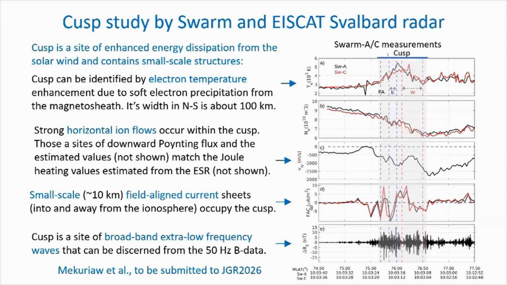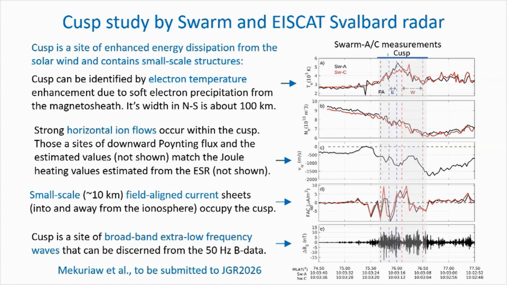And here again, I have a plot with quite many panels. So let's start from the top panel. First of all, this is latitude, and the parameter shown here is electron temperature. So we have a typical electron temperature enhancement within the cusp, and this is caused by very soft particle precipitation. Then this panel is showing the thermal ion imager measurement, and there are quite high ion velocity regions within the cusp region.